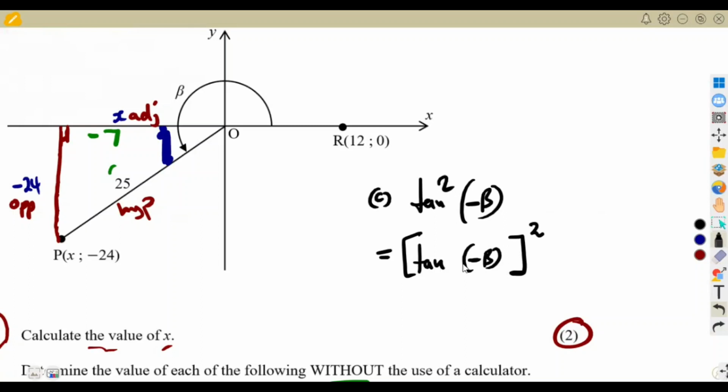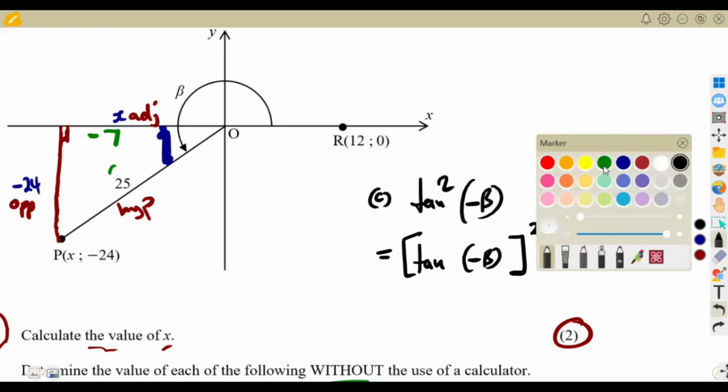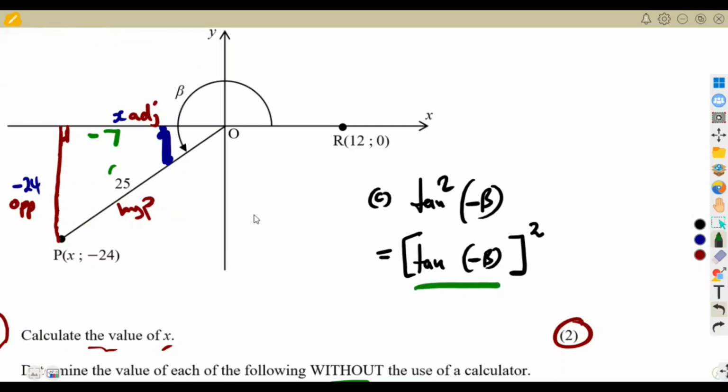The whole tan is being raised to the exponent of 2. But my question is, what is the equivalent of this part here? From our negative angle, this is the angle that is found in the third quadrant.